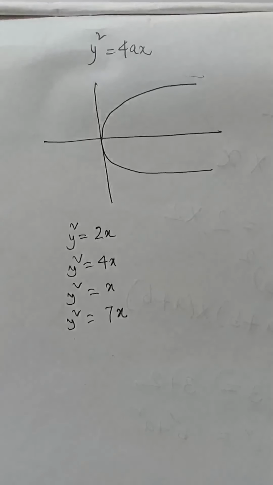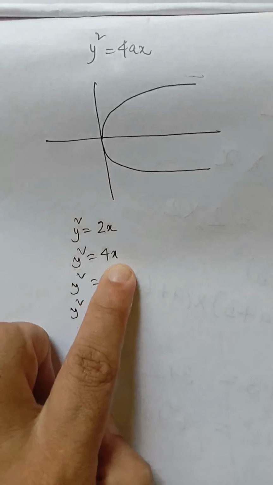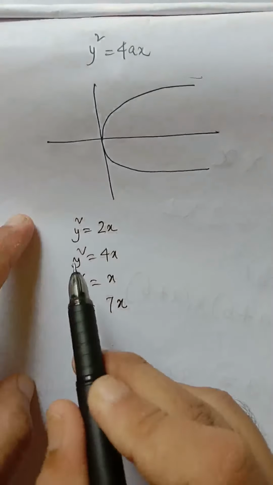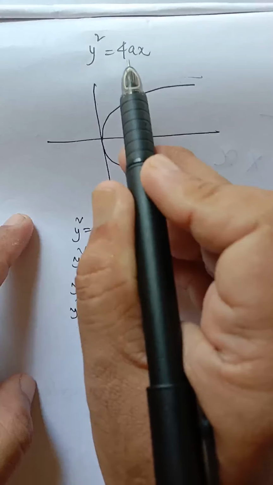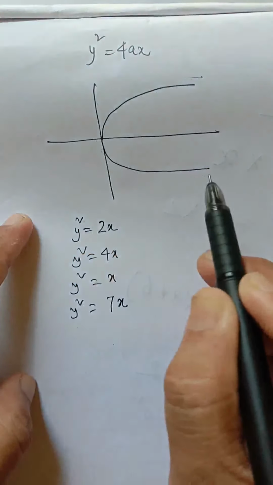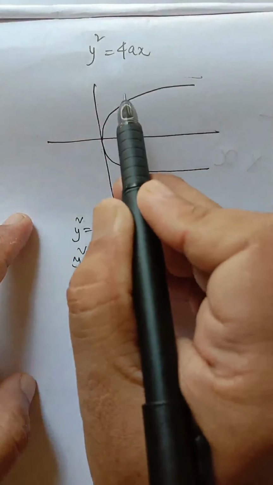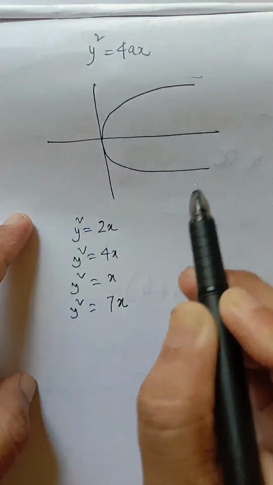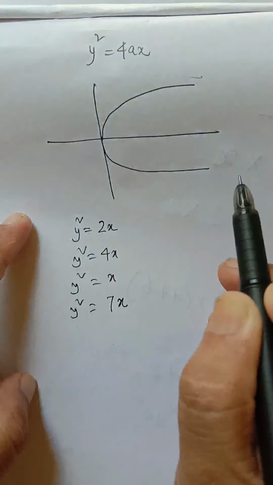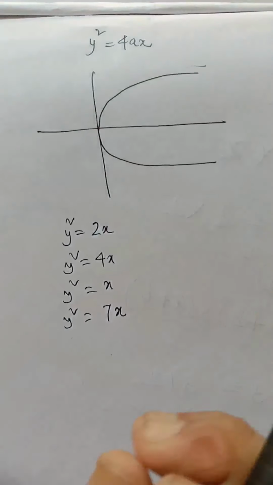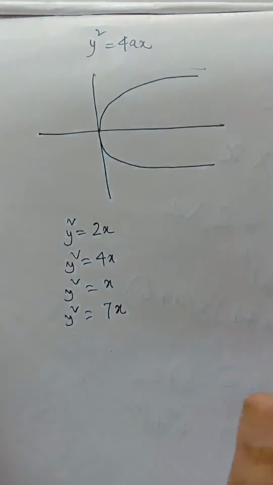Suppose you are given: find the area bounded by y square equal to 4x. How will you think? You will think y square equal to 4x is of the form y square equal to 4ax. Its rough sketch is this. So for y square equal to 4x, we will draw the graph in this way. For y square equal to 2x also, we will draw the graph in this way. If we think in this way, we can draw the graphs and solve the question quickly.